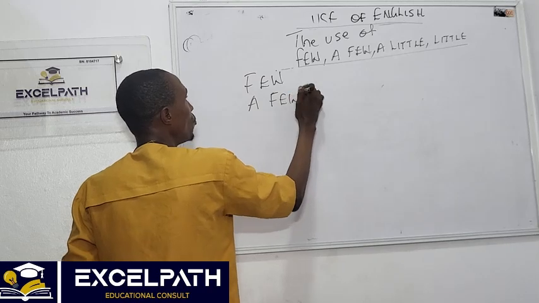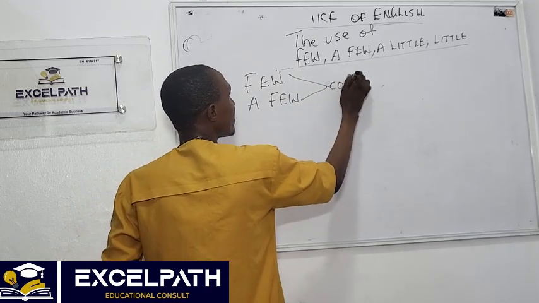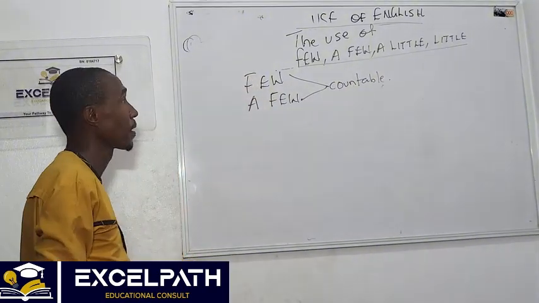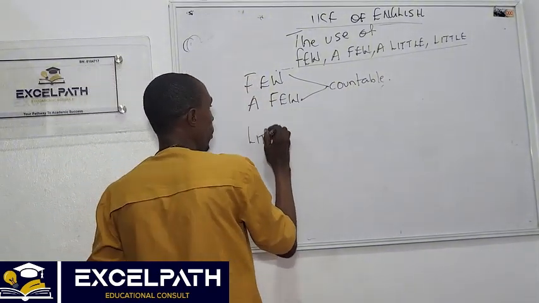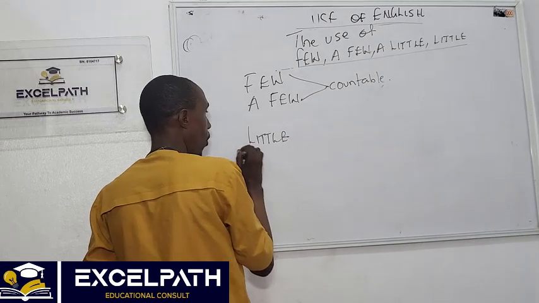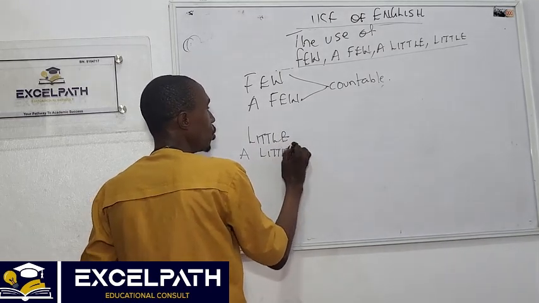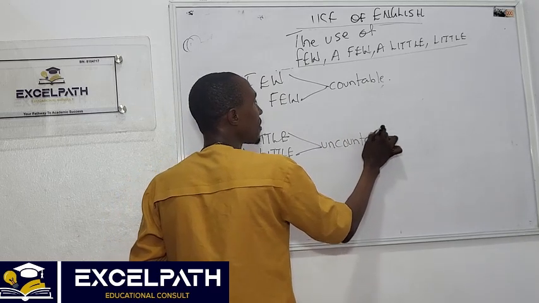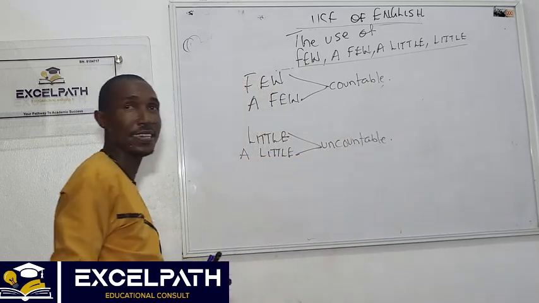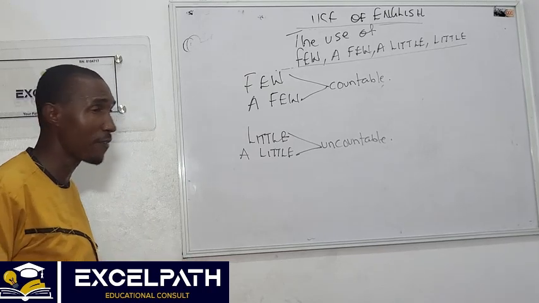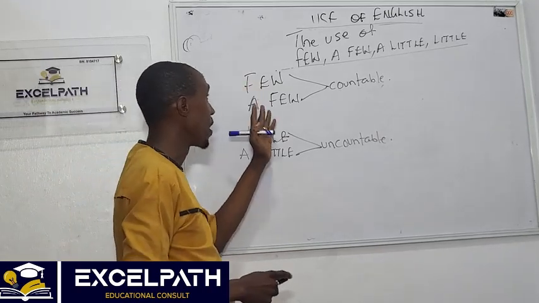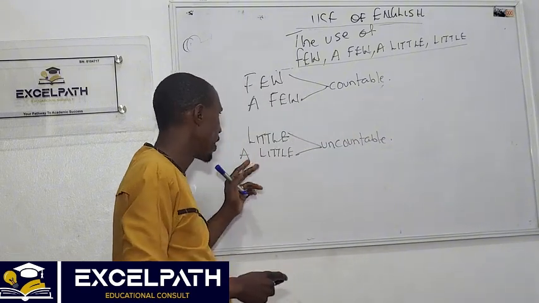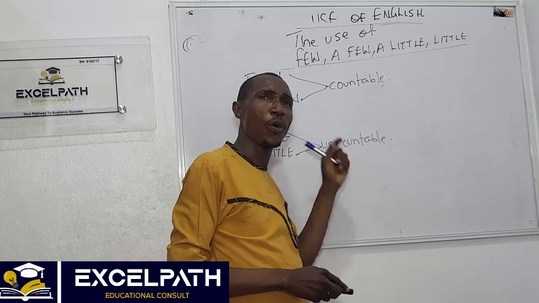A few, you must use it for something that is countable. That's the first thing you need to know. And whenever you see what? Little and what? A little, you must use it for something that is uncountable. That's an idea now. I'm giving you an idea. Few, a few, things that are countable. Little, a little, things that are what? Uncountable.